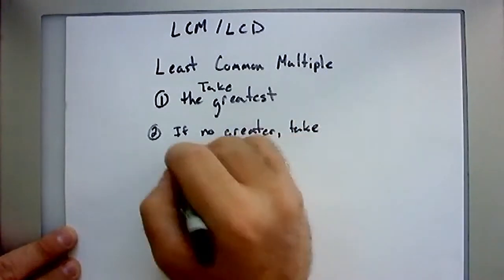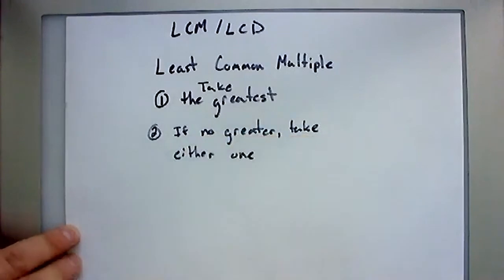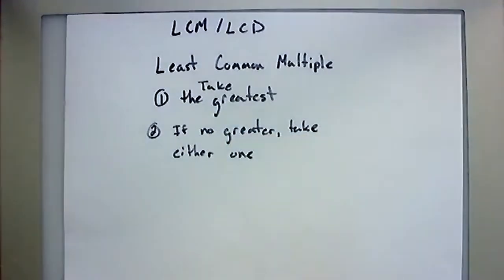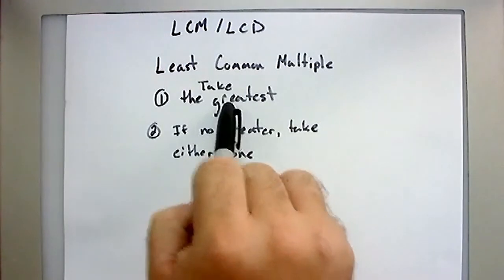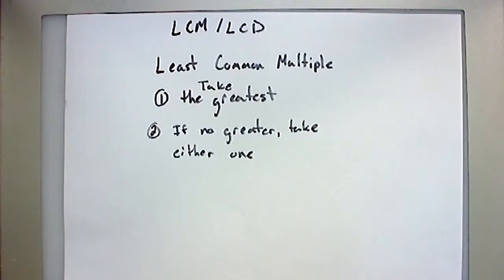So if you went through and you understood the GCF rules, these should be very similar. They're just literally the opposite. Instead of saying we're going to take the smallest, now we're going to take the greatest. If there is no greater, then take either one. So again, this can be very confusing until you learn the rules. Once you learn the rules, they're just opposites of each other. This is something you're probably going to need to practice until it clicks for you.